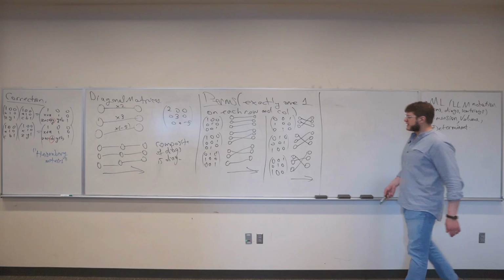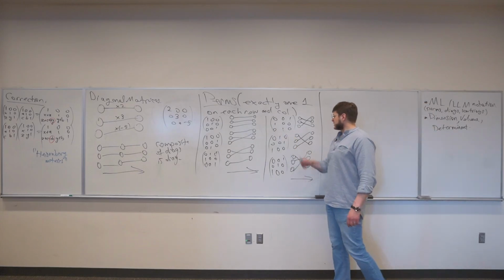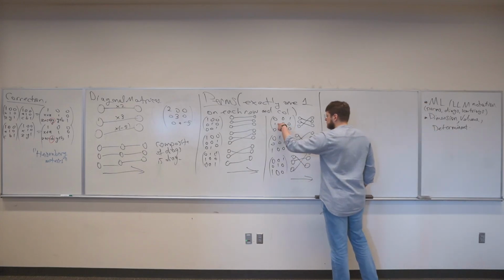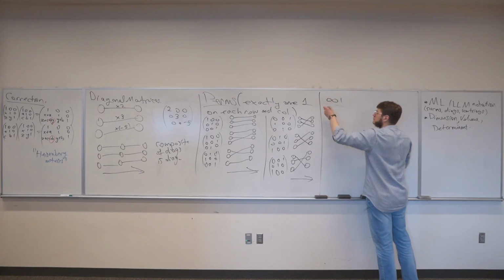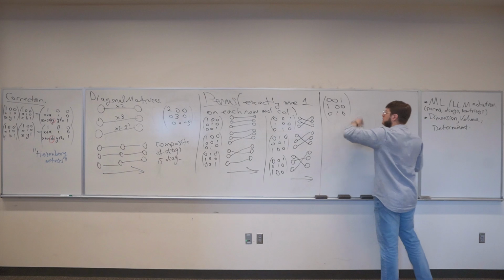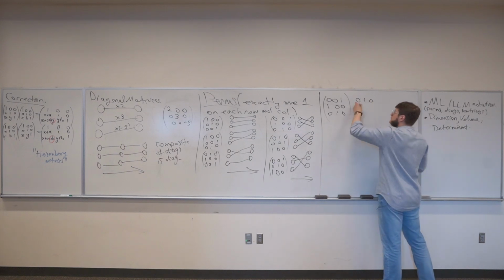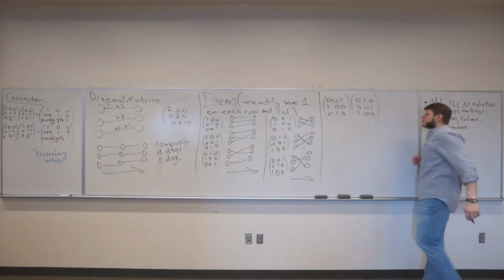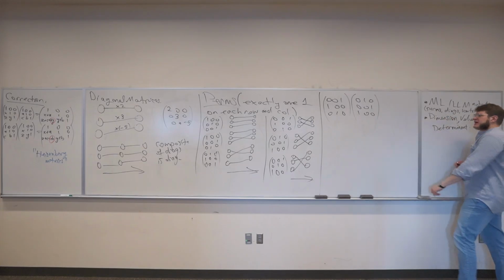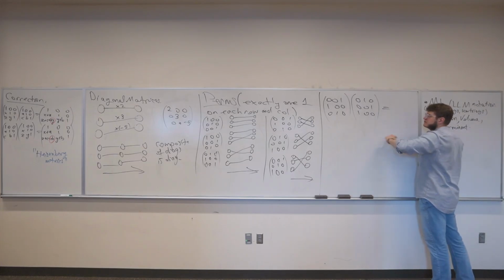So for instance, let's say I want to square this guy. Or maybe I want to multiply this by this, in this order. And then this, this, this. Of course, I can go ahead and multiply. In fact, let's do this really fast.